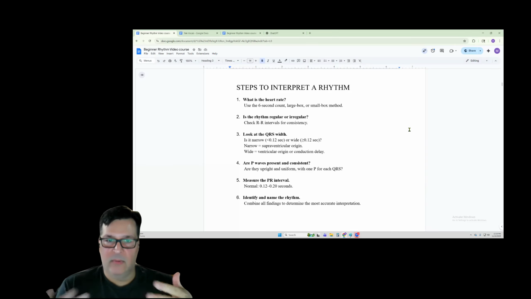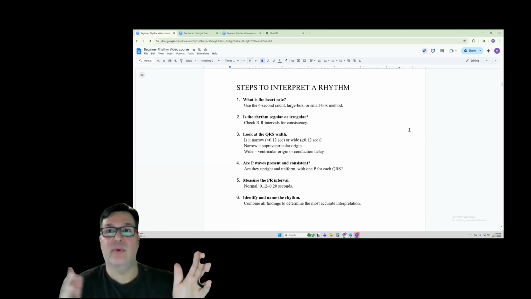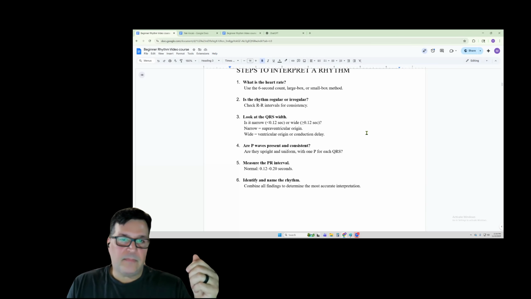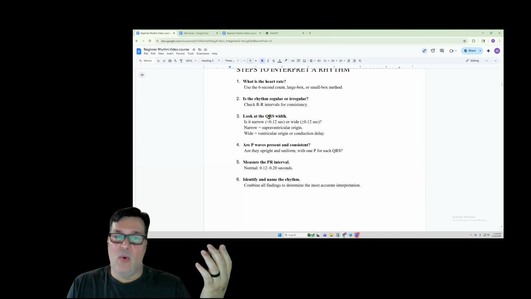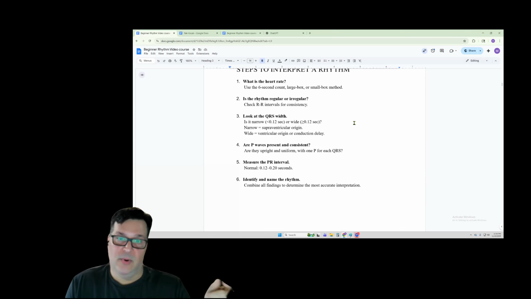Probably AFib. We'll do another checklist. Or is there a pattern to the irregularity, where there are, say, groupings like this, 3 here, 3 here, and I'm saying 3 hard R's. So totally irregular, probably AFib. But then my next thing is, how wide is the QRS? Is it basically within normal limits, just eyeball measuring it, or is it super wide? And then, is there a P wave present?